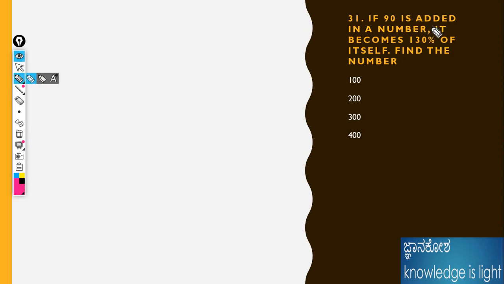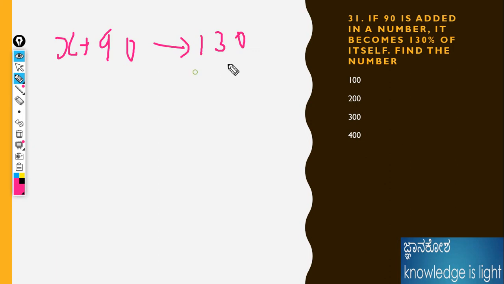If 90 is added to a number, this is also a multiple-method problem. I don't know the number x, and if 90 is added to it, it becomes 130% of itself. 130 divided by 100 into x.